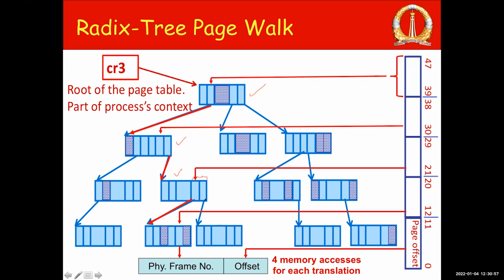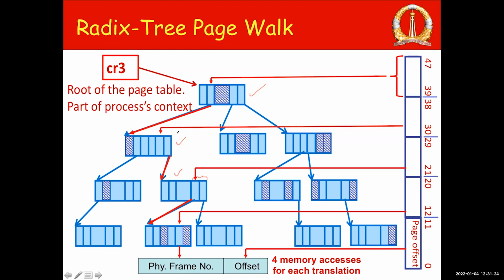So the next time when you want to access this entry or some other nearby entry, you may not necessarily go to the memory. You may possibly get it served from your L1, L2 or L3 caches. But now look at this particular entry. This is at a higher level in the radix tree.